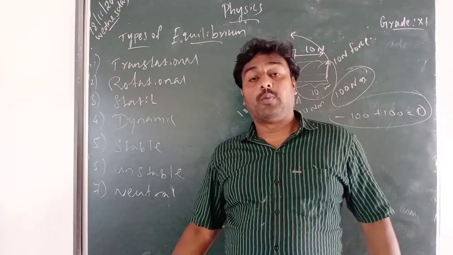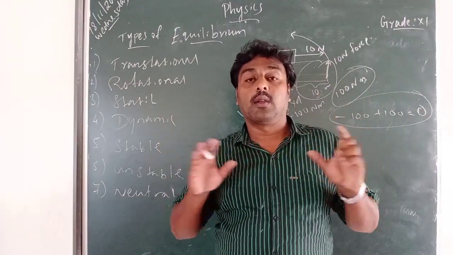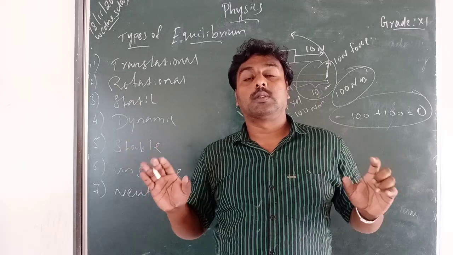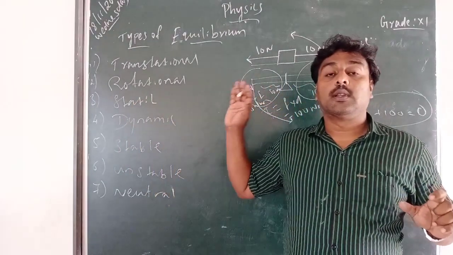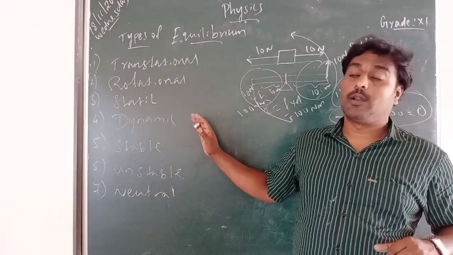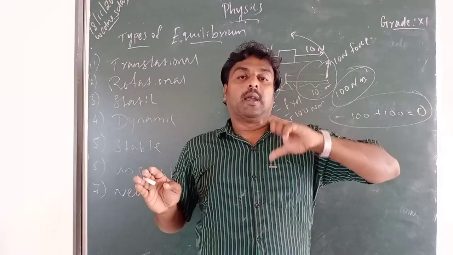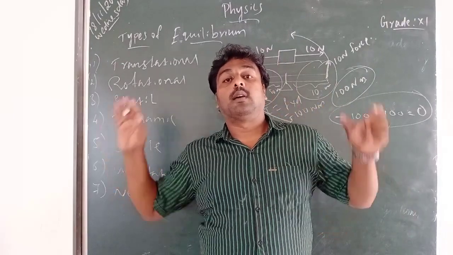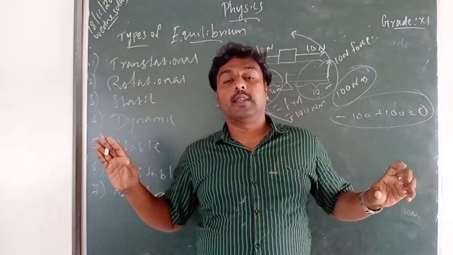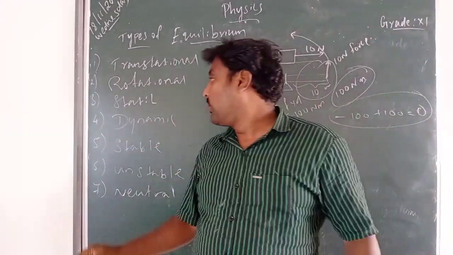In static equilibrium, linear momentum and angular momentum are both constant, and net force and net torque are 0. Dynamic equilibrium is also the same: linear momentum and angular momentum are constant, and net force and net torque are 0. These are the 4 types of equilibrium.